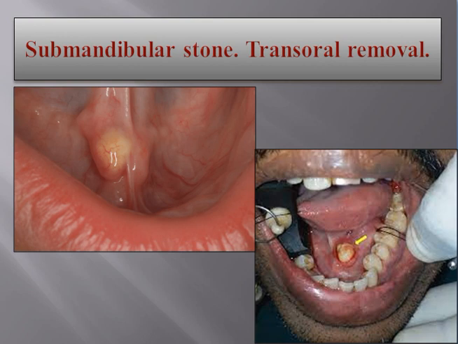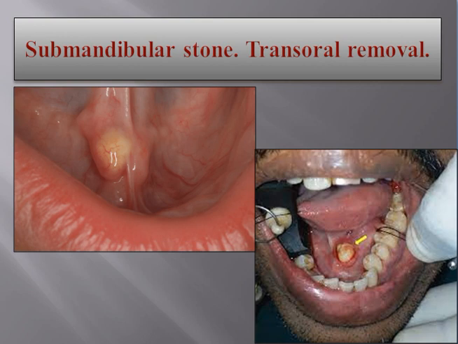A variety of treatment options exist for sialolithiasis, including sialogogues, direct massage of the distal stones out of the duct, and other procedures including interventional sialography, lithotripsy, sialendoscopy, and surgery.